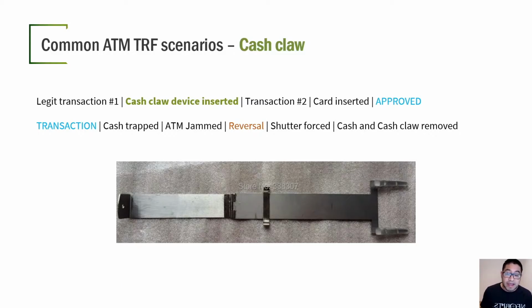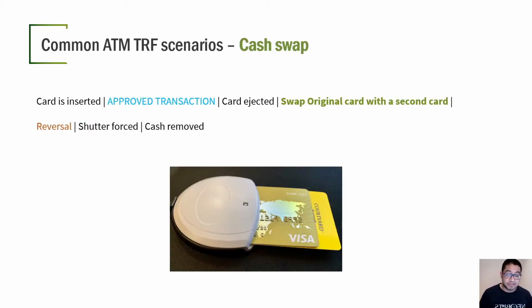I start transaction two, and then I will ask for more money, the maximum amount allowed by the ATM. And when the money is dispensed, the cash will be trapped in this cash cloud. And when this happens, the ATM will be jammed and a reversal will occur. Then I will force the shutter, grab the money, grab the cash cloud, and remove everything. And I will go.